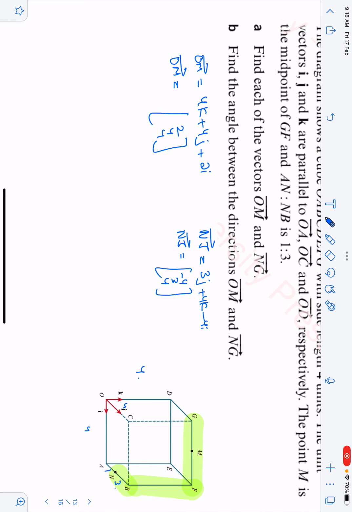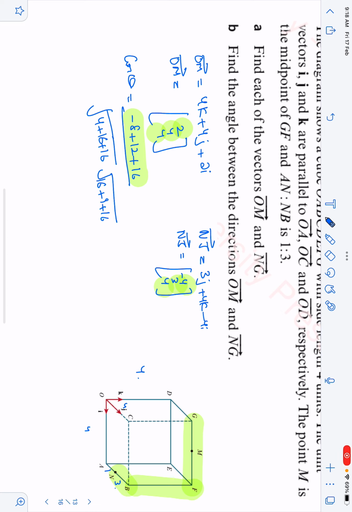Okay, and we've already found the vectors. Now we have to find the angle between them. So cos of theta equals the dot product of them. That means minus 8 plus 12 plus 16, multiplying 2 by minus 4, 4 by 3, and 4 by 4, divided by the magnitude of the first vector, which is 4 plus 16 plus 16, and the other one is 16 plus 9 plus 16.